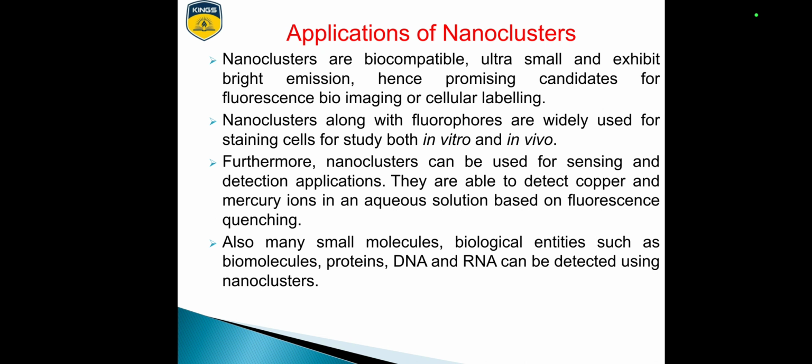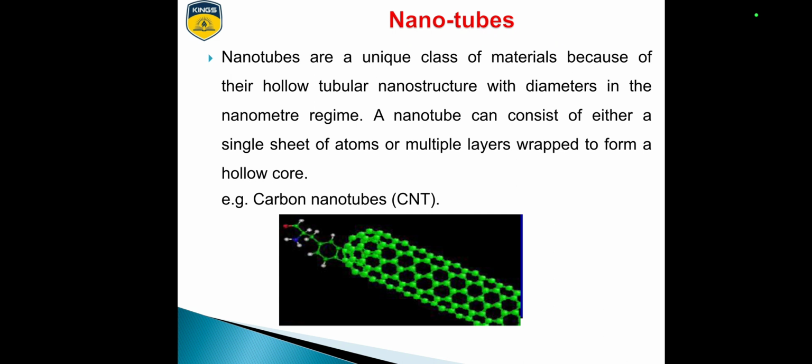Furthermore, nanoclusters can be used for sensing and detection applications. They are able to detect copper and mercury ions in an aqueous solution based on fluorescence quenching. Also, many smaller molecules and biological entities such as biomolecules, proteins, DNA, and RNA can be detected using nanoclusters.